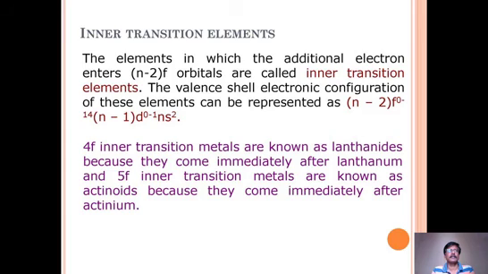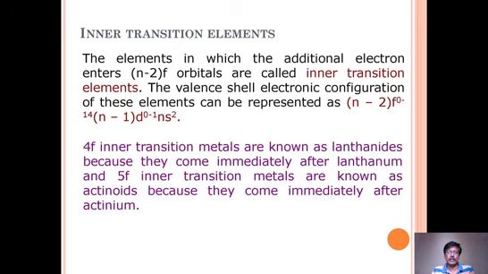So ns2 is the actual principal quantum number where the s orbital is the highest, and n minus 1 d means when it comes to d orbitals, it goes down to the previous orbit, and when f electrons are filling, then it goes back to the second lowest from the top of the atom.